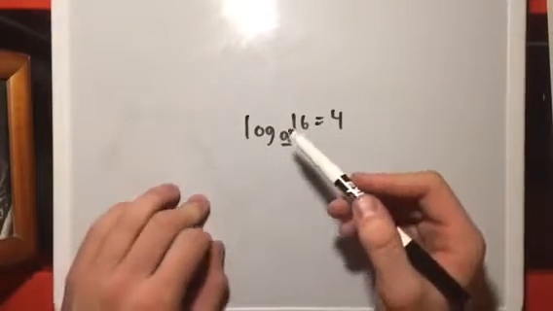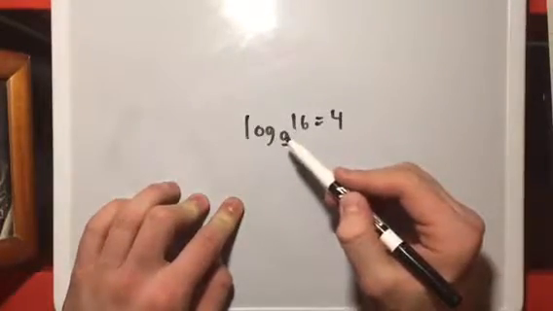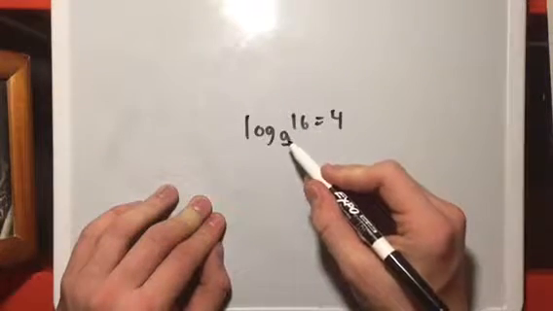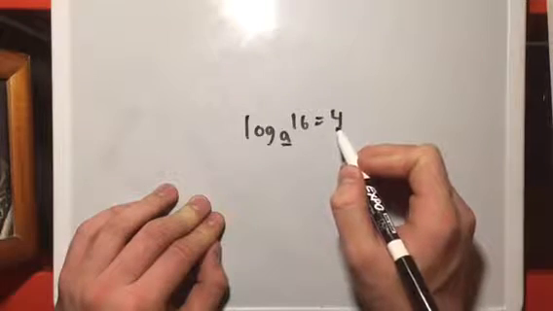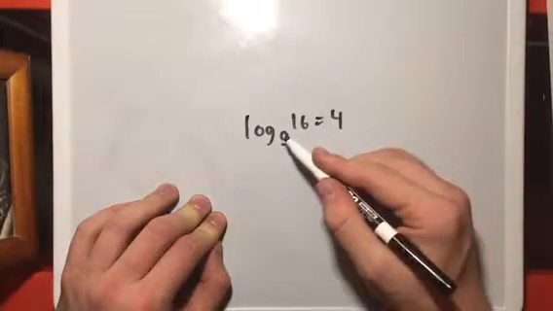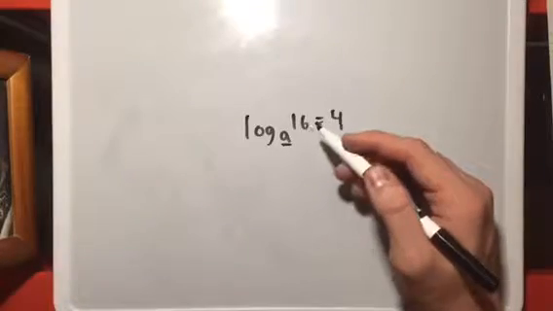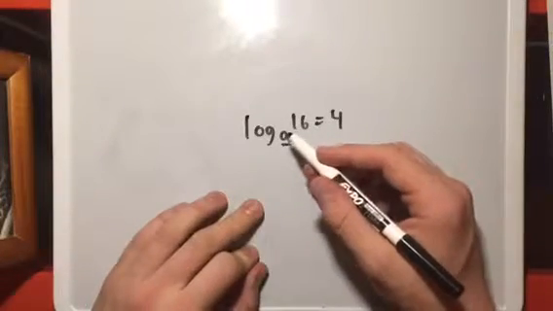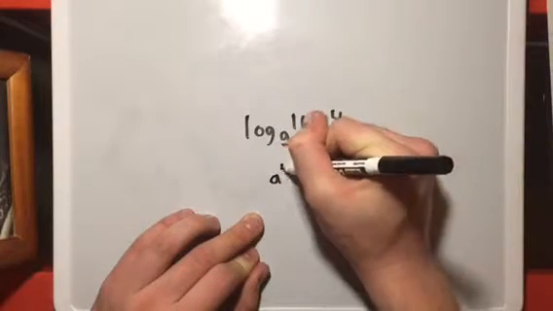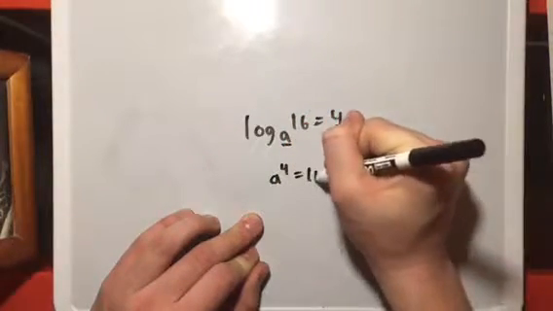Now let's say we're given this problem. Log base A of 16 equals 4. In this case, they are not giving us the base, but they do give us C, which is the power of which this number goes into this number. So, rewrite it as A to the power of 4 equals 16.